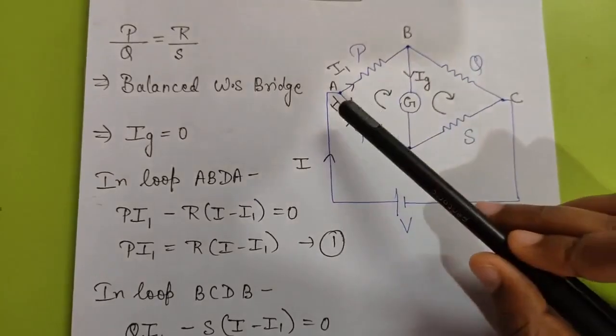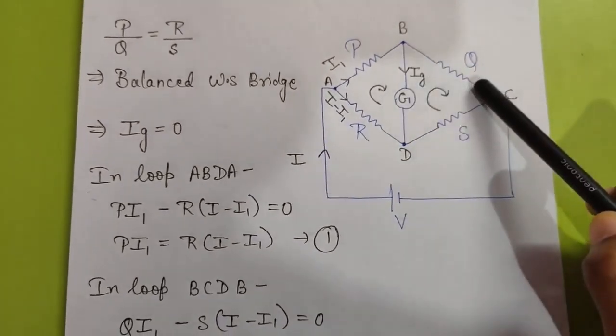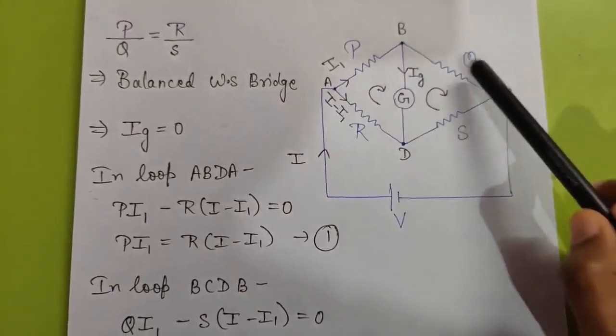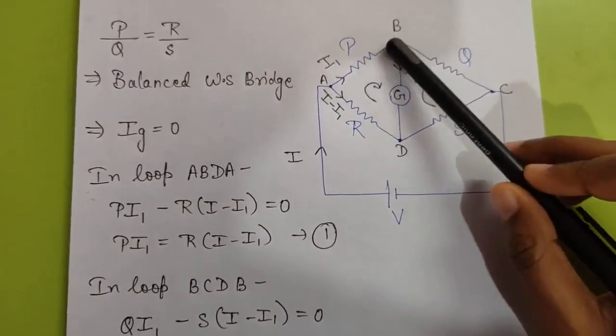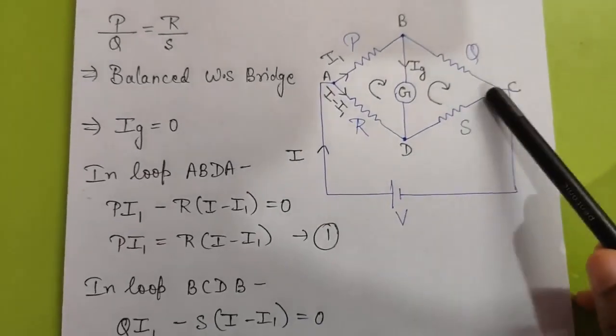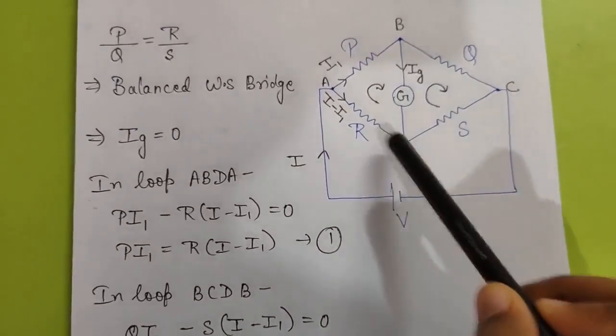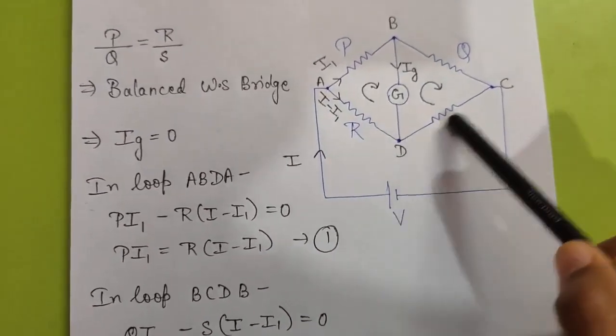अच्छा, one more thing, if I1 is coming from here and Ig is 0, तो यहाँ पर भी कितना करंट आएगा? It will be I1 only, I1 to I1. तो here also it will be I1 only. So Q I1 and plus Q I1, and for this branch I minus I1 is coming here. इस ब्रांच में तो कोई करंट है ही नहीं, तो that means I minus I1 will go here also.